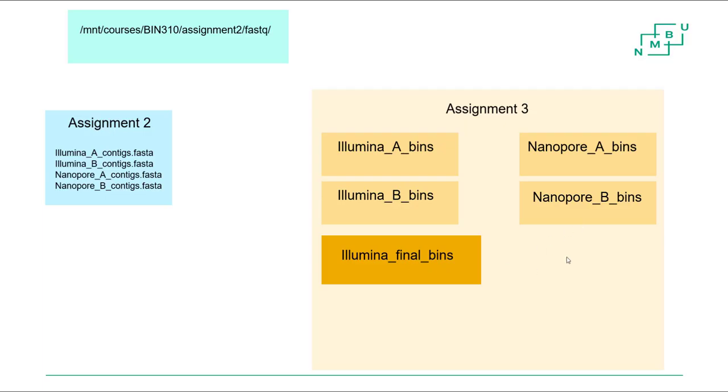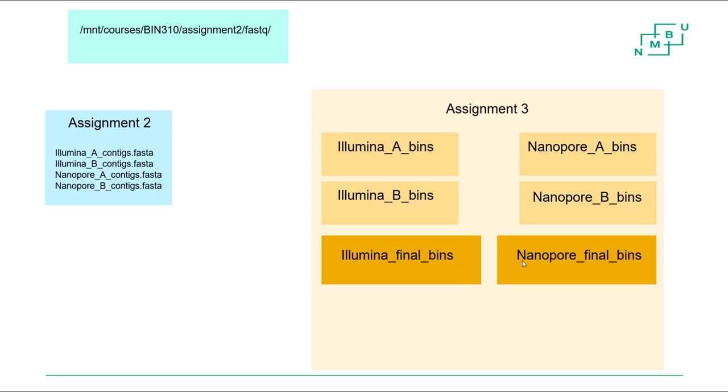And also for the Nanopore, you do exactly the same ensemble binning here and put into a separate folder here. And why don't we mix all this into one super final bins folder? Well, it's because you're going to make a comparison in the end of Illumina versus Nanopore. So you must keep them apart.